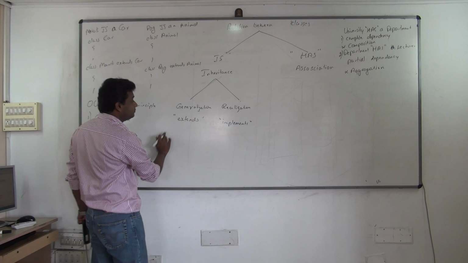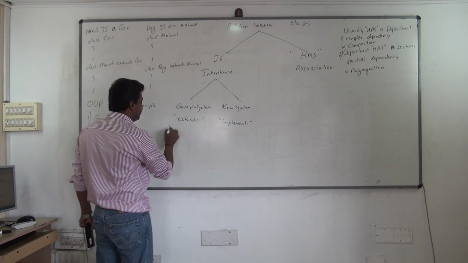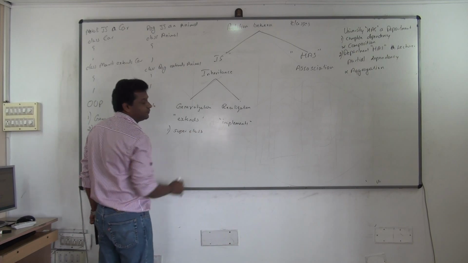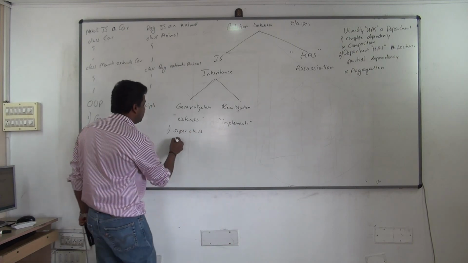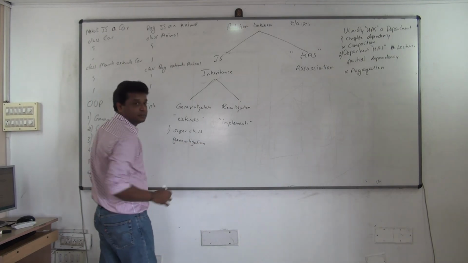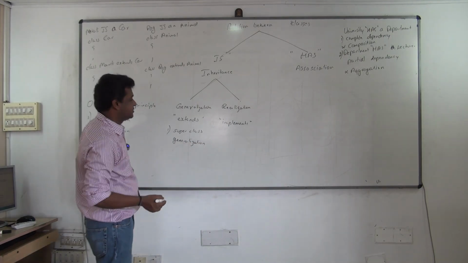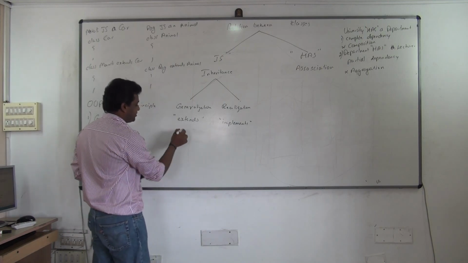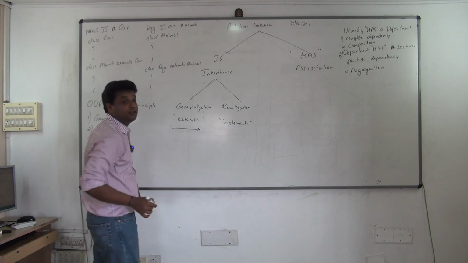And then, for doing generalization, the data type we use is superclass. Superclass is used for what? Generalization purpose. Yes or no? Yes. And one more thing, now how is it indicated? Extends means we always use the straight arrow mark in UML.